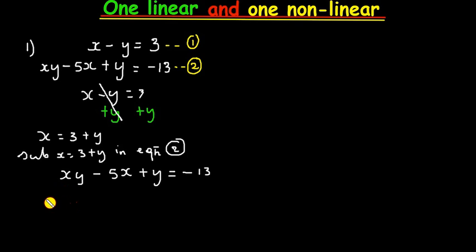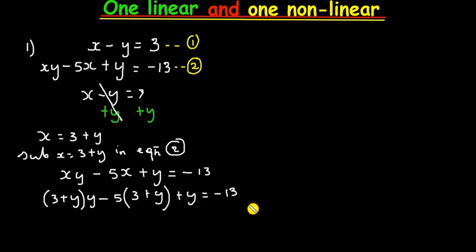So in the space of this x, I'll insert the brackets here, 3 plus y, and we simply write back our y. Minus 5, we have another unknown x. Wherever I see my x, I write 3 plus y. And I simply write everything else that we have there, plus y is equal to minus 13.